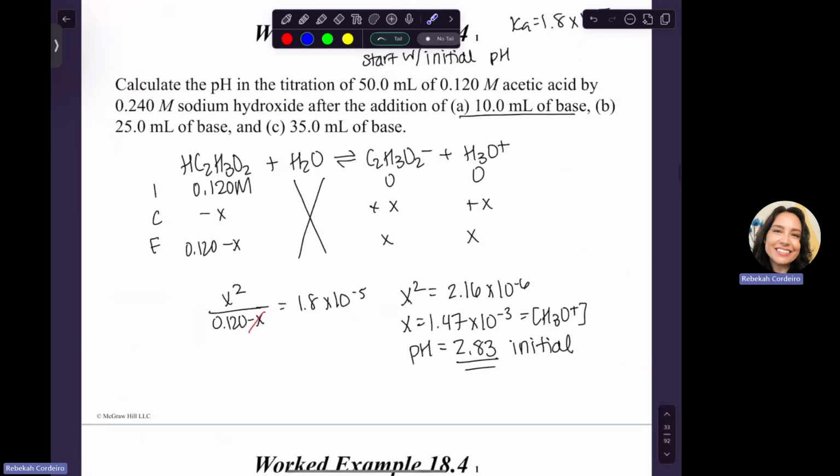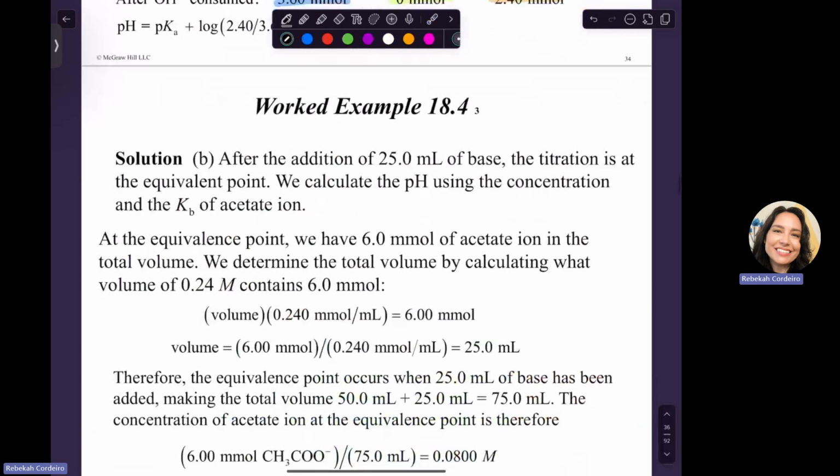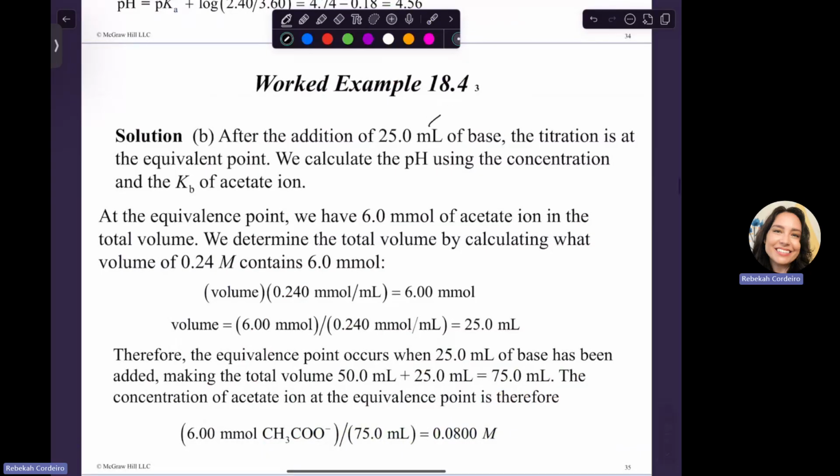They don't tell us. So if you do, let's get the millimoles here. It's 25 milliliters of base times 0.24 molar, which equals 6 millimoles. So you know that this is going to be the equivalence point because it's 6 millimoles of the base.